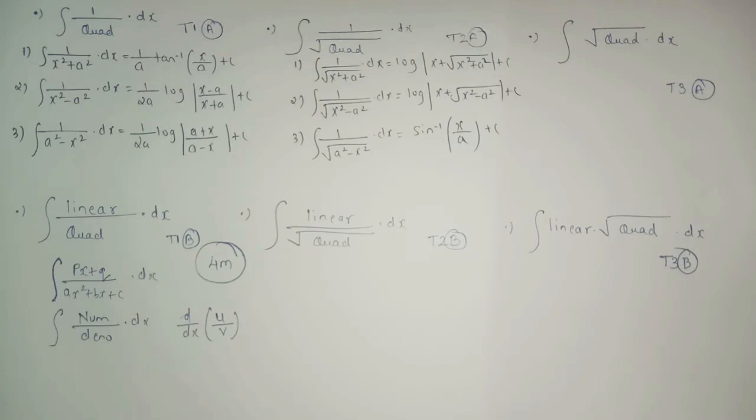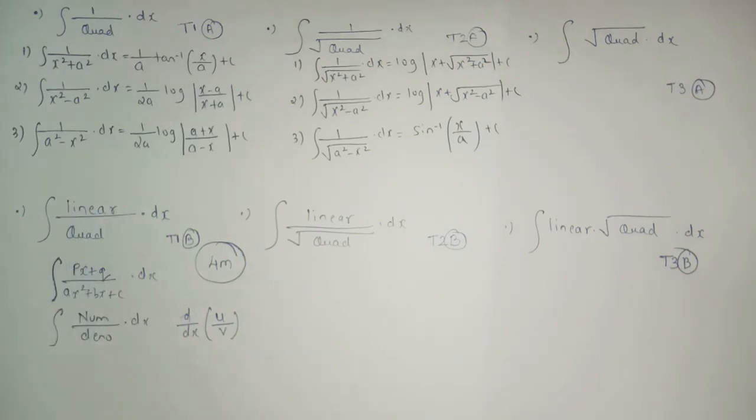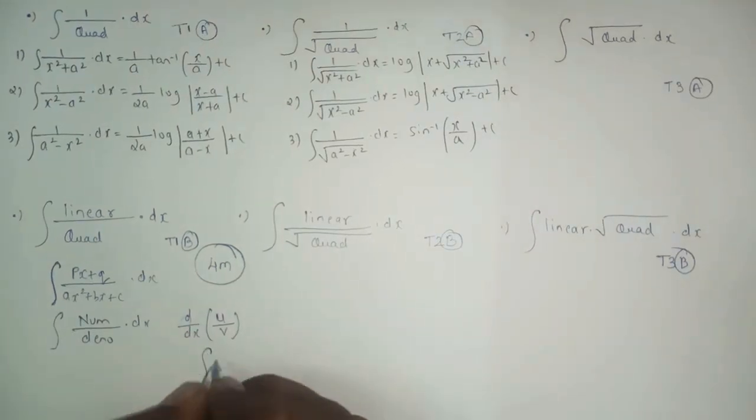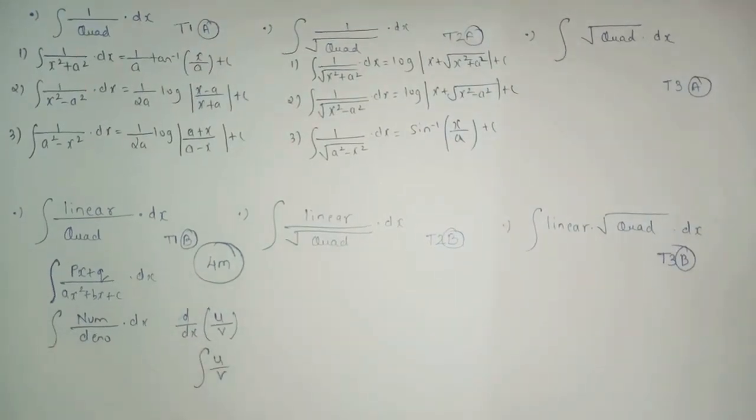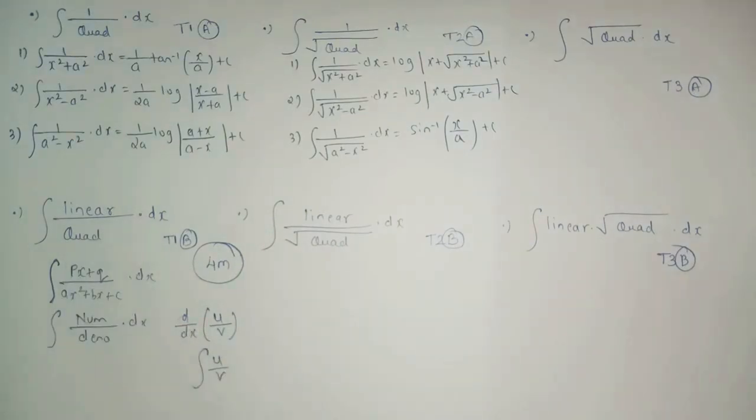So whenever we come across a sum like this, numerator upon denominator, we don't have a formula like we have in derivative for u by v. Yes or no? Integral of u into v is there, but u by v is not there. So whenever you come across a format like u by v, there is a proper way, proper steps which you have to follow. So let's begin with type number 1b.